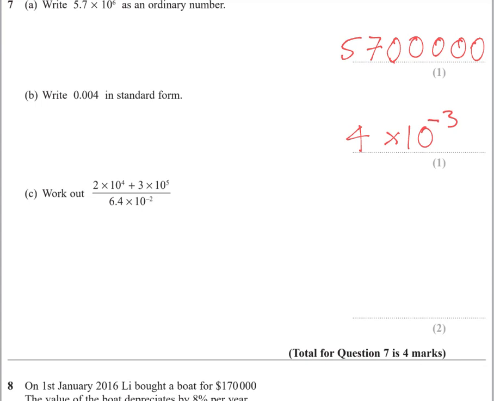This really used to be a non-calculator type question, but times 10 to the power minus 2, and we have 1, 2, 3, 4, 5, 6, 5 million. And they don't mind whether you give that in standard form or not. 5 times 10 to the 6.